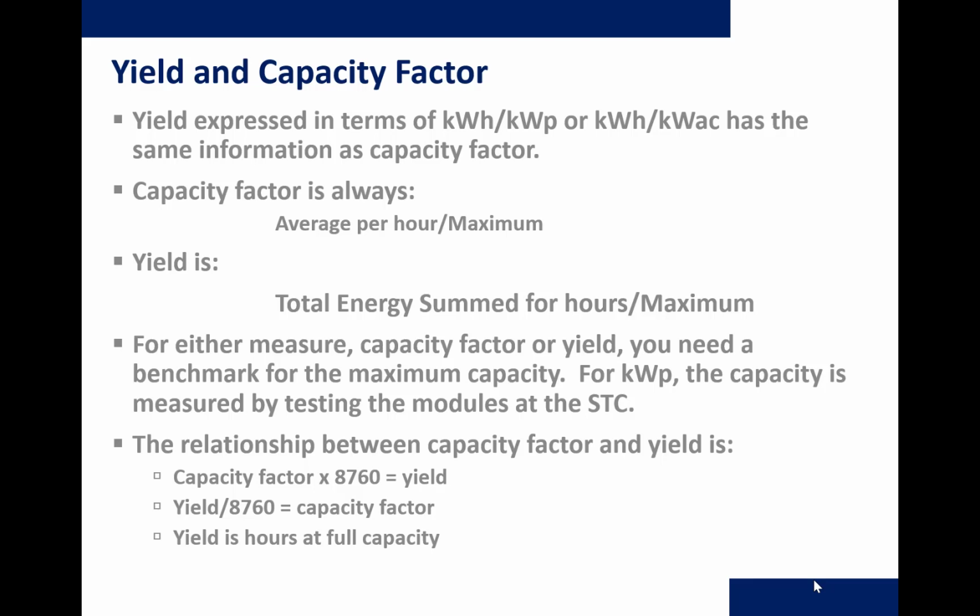Now, when I talk about the capacity factor and the yield, I know I've mentioned this in other videos. The capacity factor, whether it's a plane, a conventional electricity plant, a horse, anything.